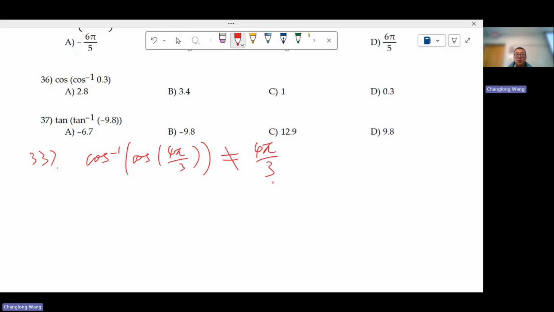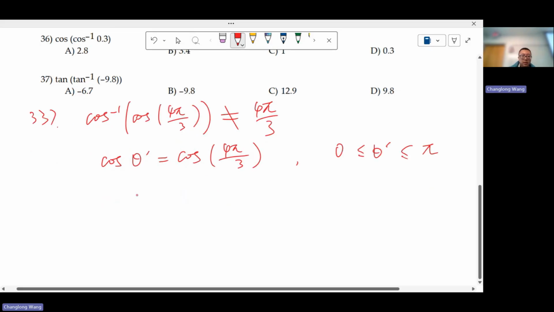It's beyond the range of the cosine inverse, which only runs from 0 to pi. Therefore, I'm looking for another angle theta prime such that cosine theta prime is equal to cosine 4 pi over 3. But I want to make sure that theta prime falls into the range of cosine inverse, which is 0 to pi.